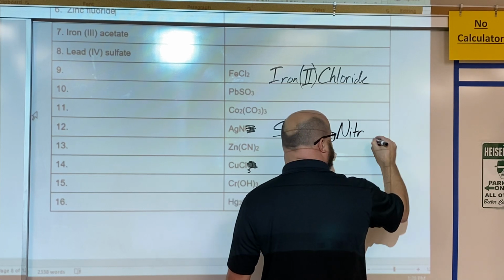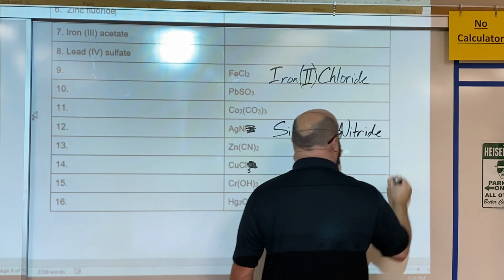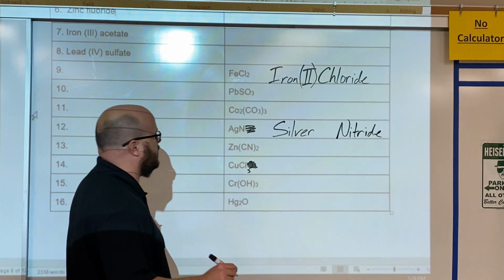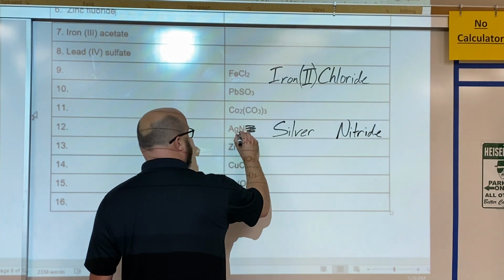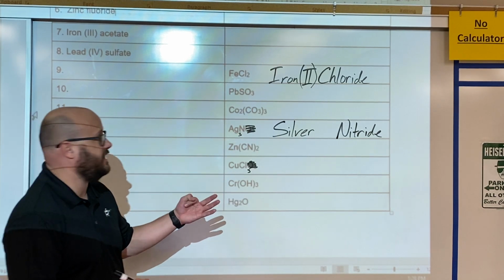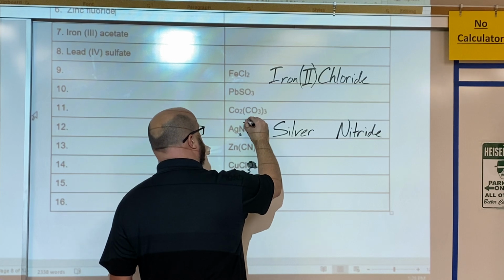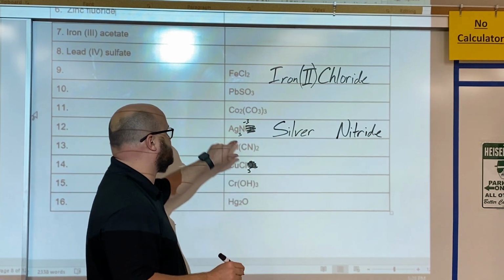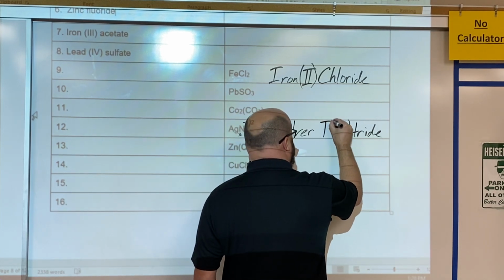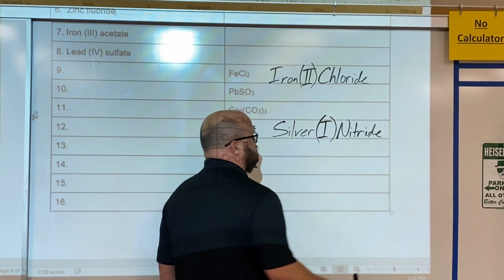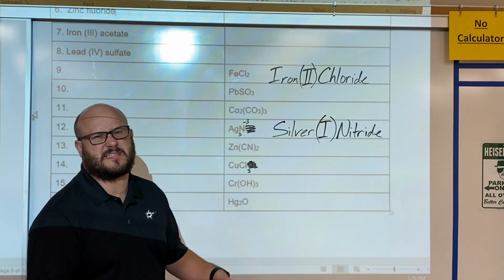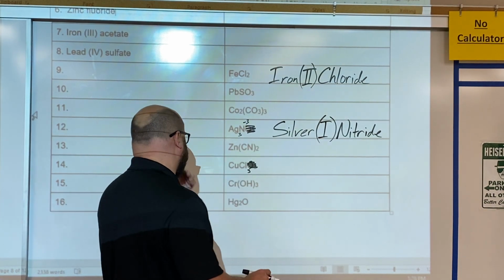And we're going to say nitride. Now, this would technically have to be Ag3N because nitrogen is a -3. But we know silver is always +1. Now, do we have to write the +1? No, but it's not incorrect if we do. For this practice, we'll go ahead and write it.